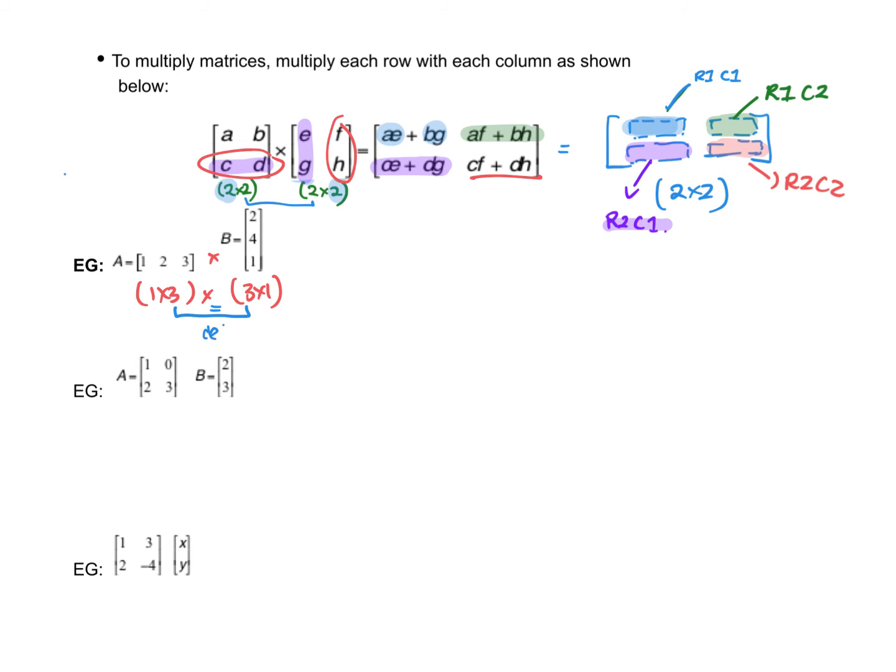Yes, it's defined. Okay, now let's think about what the answer will look like. What order will the answer have? Good, it's going to be a 1 by 1. We're taking from here and here. Okay, so in here, just draw a little dotted box. I should technically have one answer when I finish.